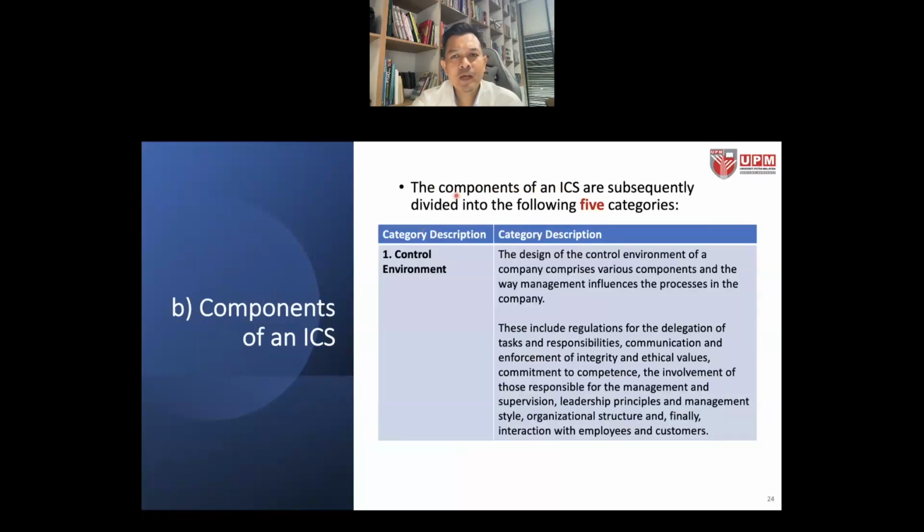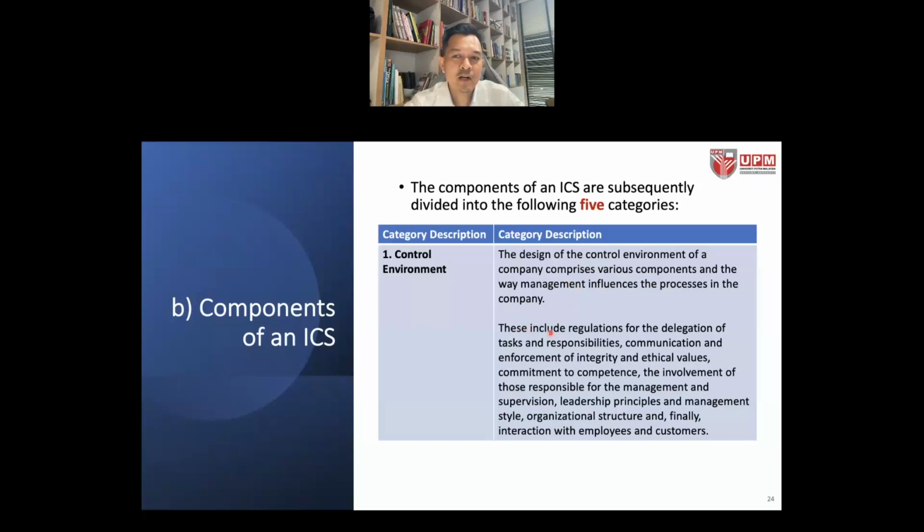Okay, the components of the ICS are divided into 5 categories. Let us look into them one by one. The first category is control environment. The control environment is the design of control of a company, which comprises various components and the way management influences the processes in the company.